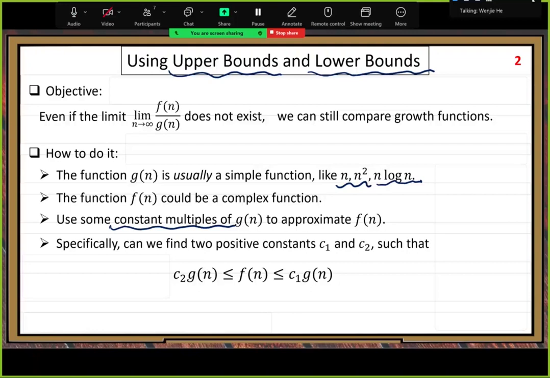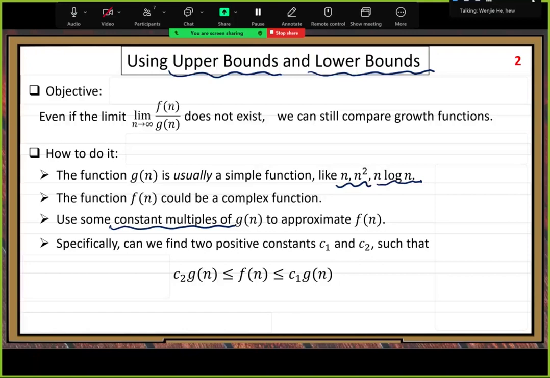We approximate the f function from the lower bound, a C2 multiple of the g function, and from the upper bound, a C1 multiple of the g function.